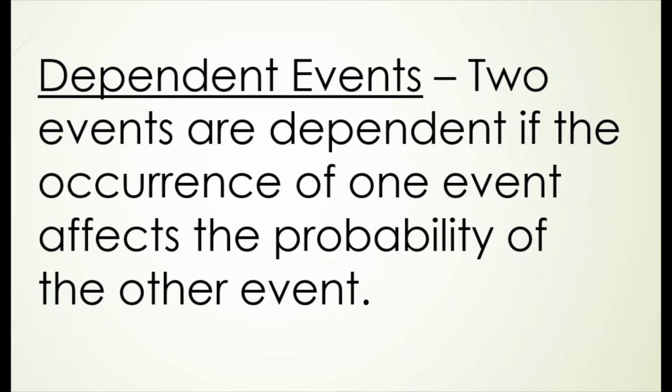But now that I've drawn that ace, unless I put it back, there are now fewer aces in the deck. So the probability of me drawing a second ace would be 3 out of 51 because there's now only 51 cards in the deck and there's only 3 aces left.